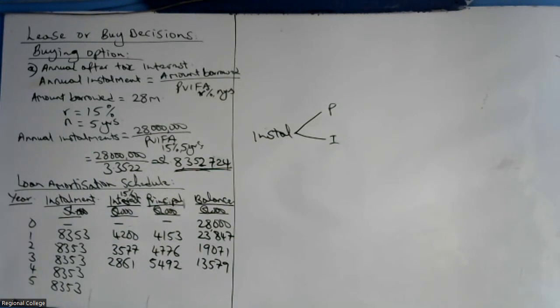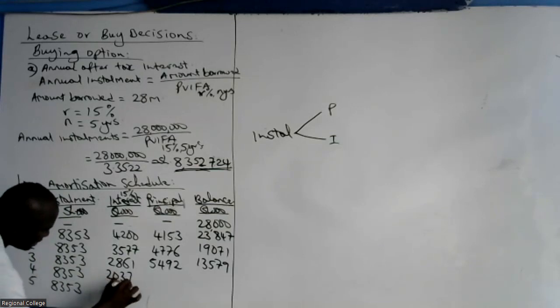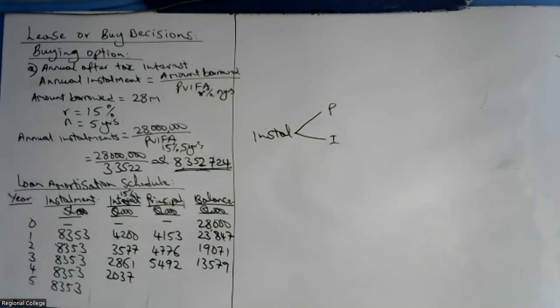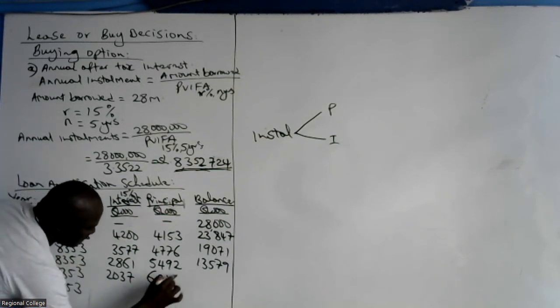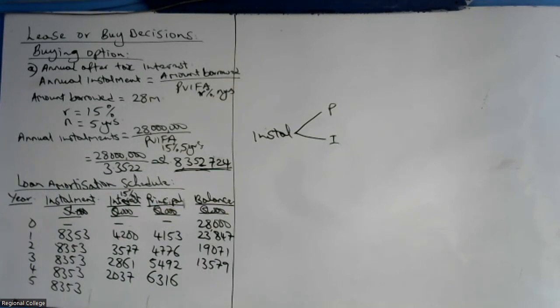So that my interest becomes, what's that? 2037. And the principal, 6316. End balance.